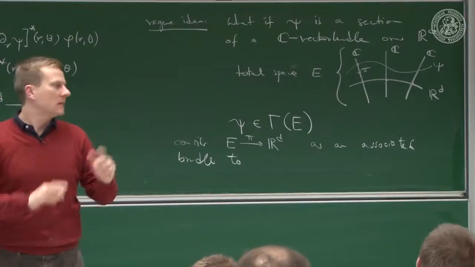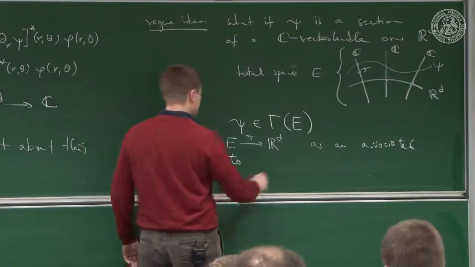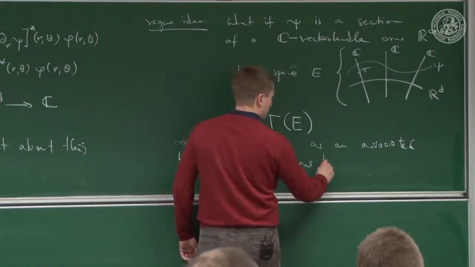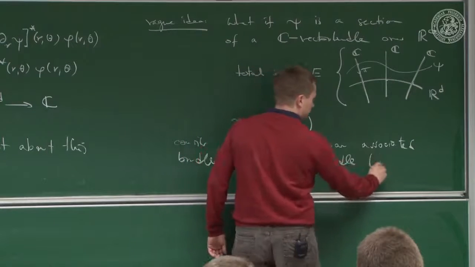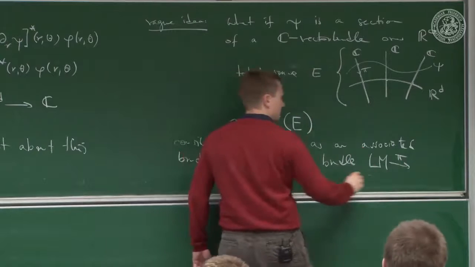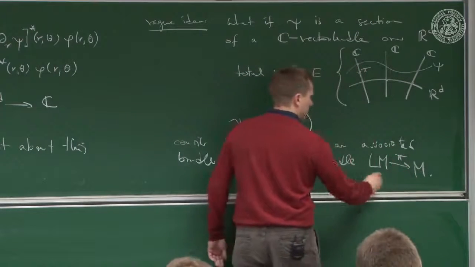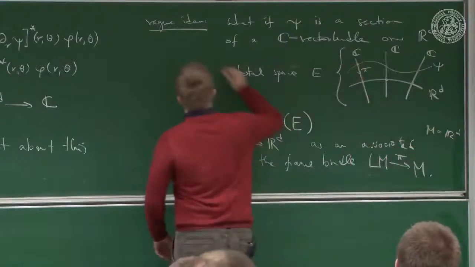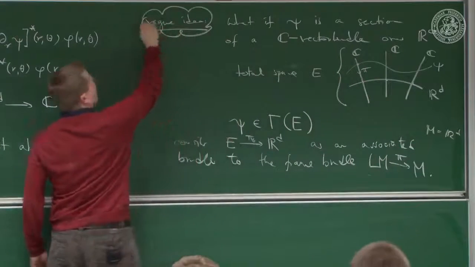Okay? So consider this as an associated bundle to the frame bundle LM, with pi down to M, and M is R^D. So this is the vague idea, right?